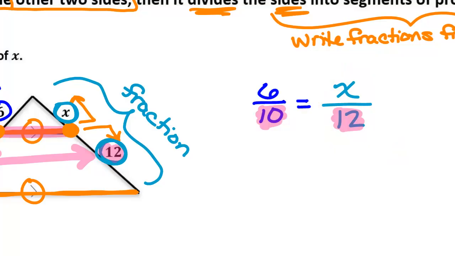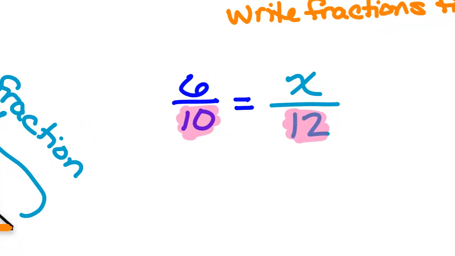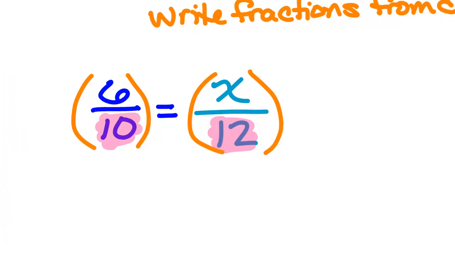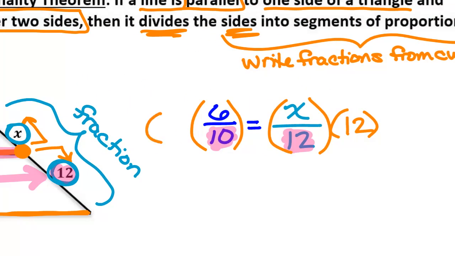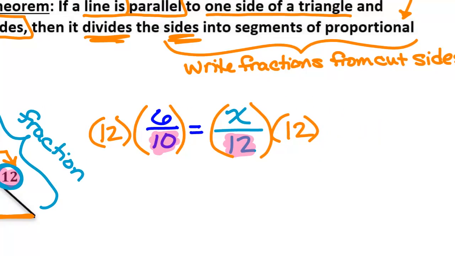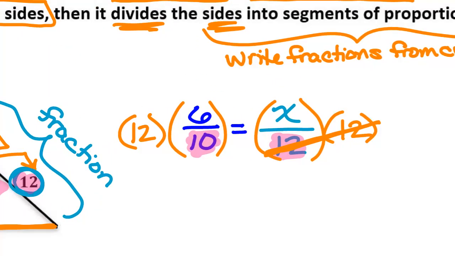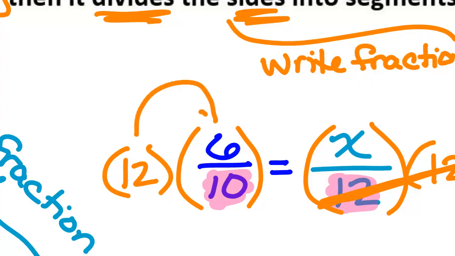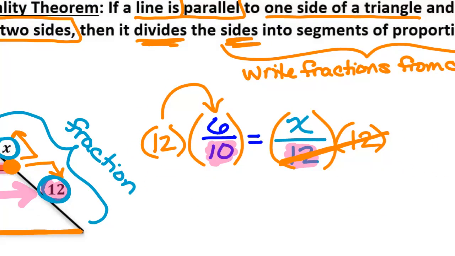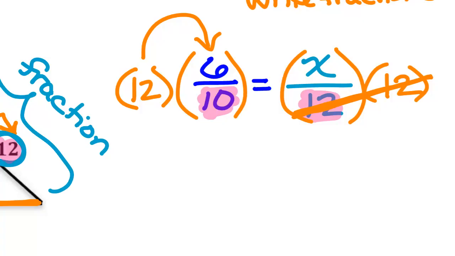What part of the fraction do you multiply by? We multiply by the denominator. So what are we going to multiply both sides by? 12. If you do it to one side, you have to do it to the other side. It's going to cancel out my denominator over here on the right. The 12 only multiplies to my numerator of 6.